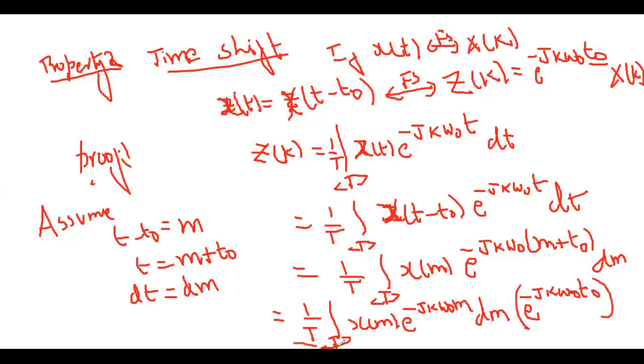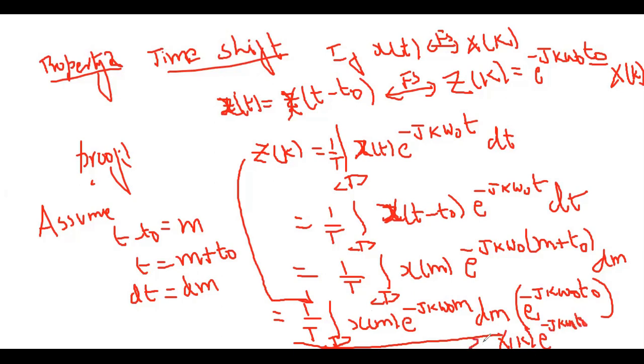Observe here that 1 by T, the integral of x of m e power minus j k omega naught m dm, is again the same function, with the variable m instead of t. So it is the same as x of k, and it becomes x of k into e power minus j k omega naught t naught.